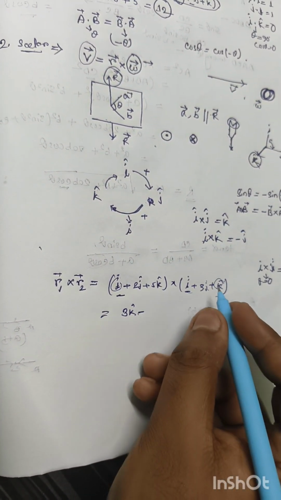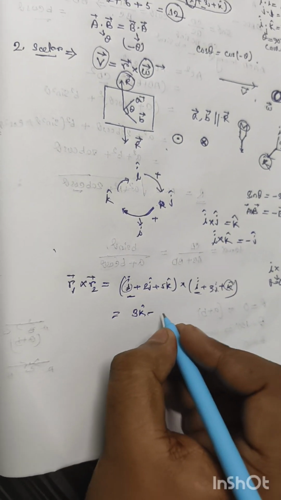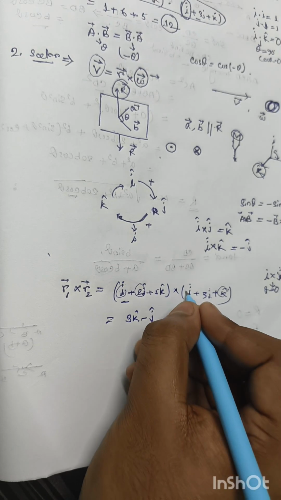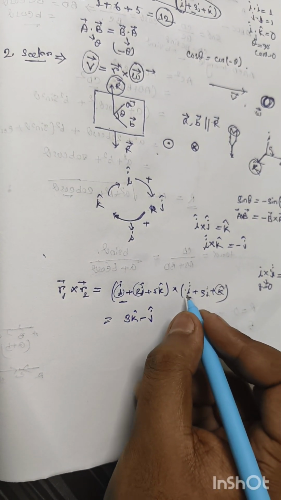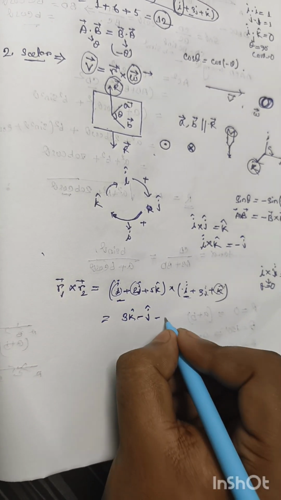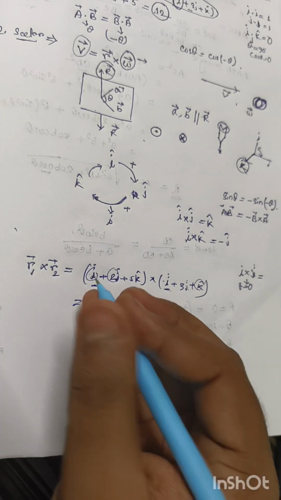You see that minus j cap. For this it has value, and that is minus k cap.